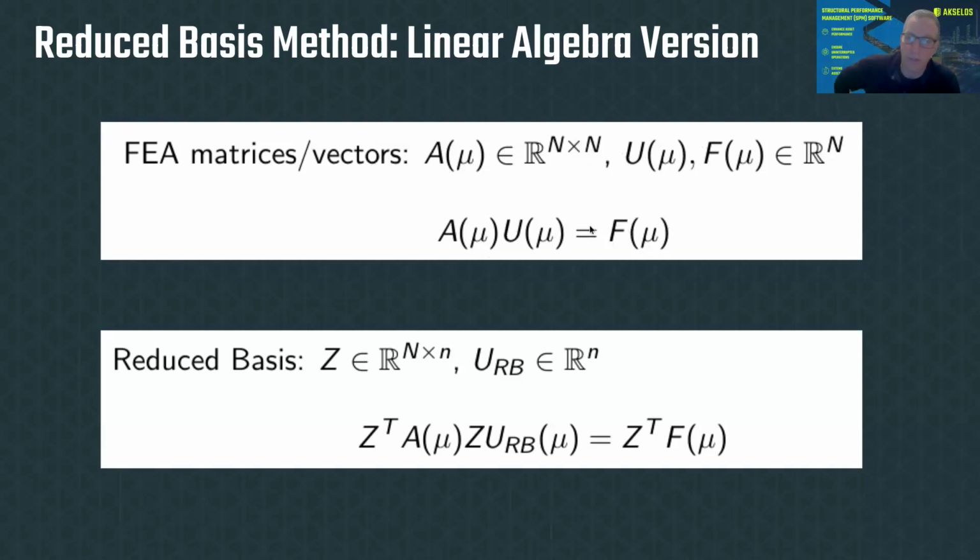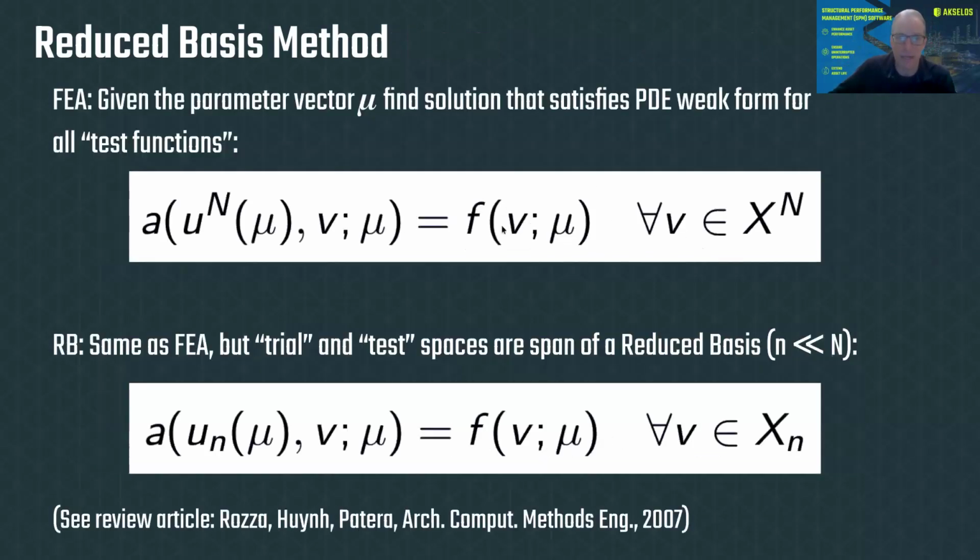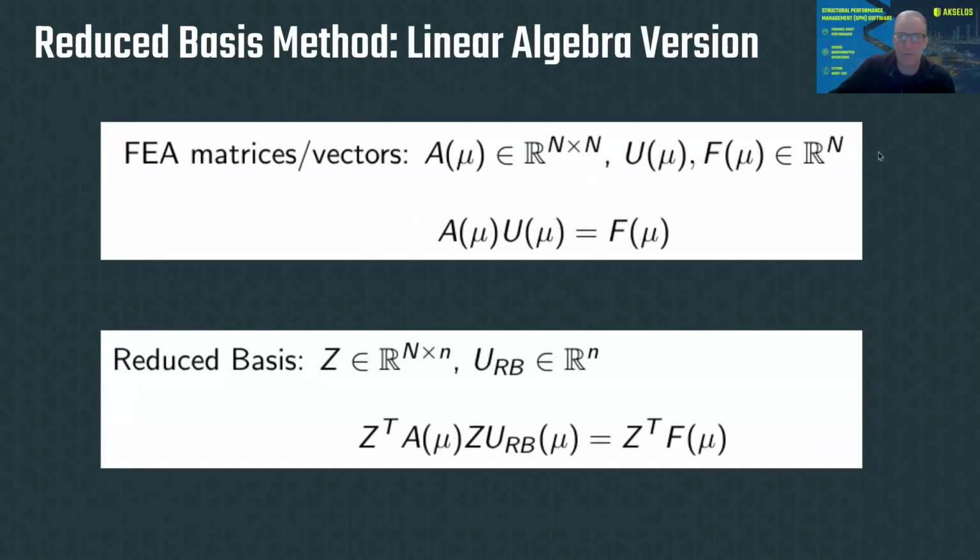This methodology also applies for nonlinear, but I will not have time to go into that today. But you can get the idea that the same kinds of ideas will apply in nonlinear. Again, it would be the same. You'd have a nonlinear PDE here, and the only difference is you would have a little n instead of a big N for the nonlinear formulation of RB. So again, same idea applies to linear and nonlinear, but let me just address the linear case here today.